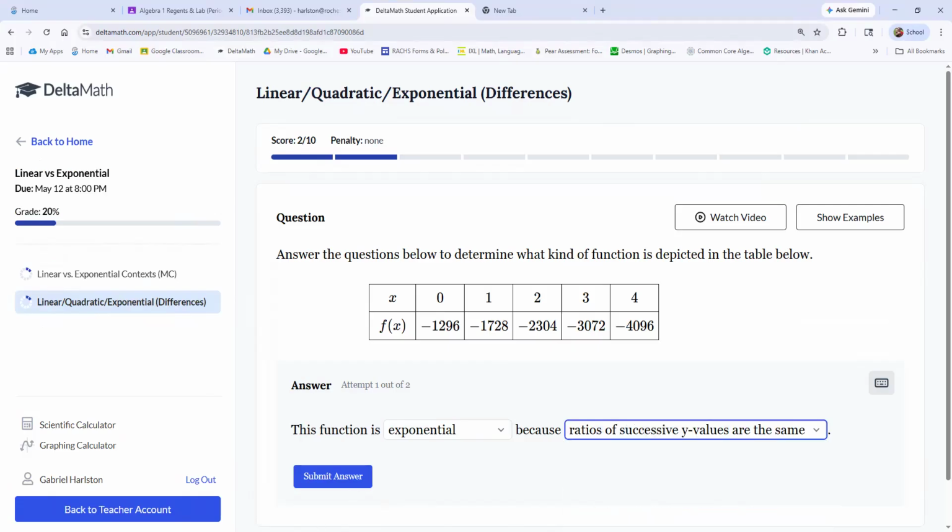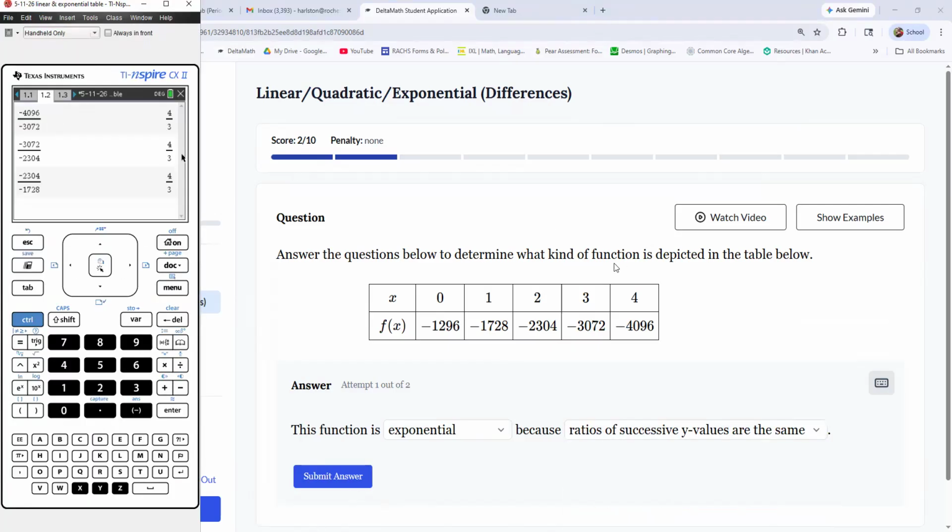In order to do that, I just did the ratio, and I always start from the right and go left. So 4096 divided by 3072, and then 3072 divided by 2304, and then 2304 divided by 1728, and then 1728 divided by 1296. Those should all be the same number. If they are, that means that you're multiplying by 4/3, which means it's exponential.